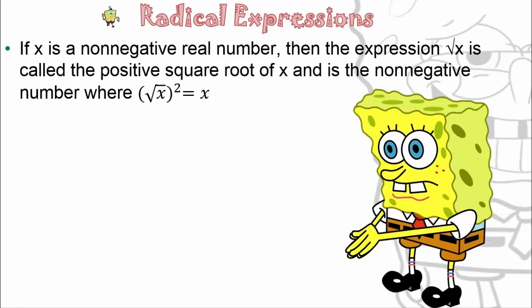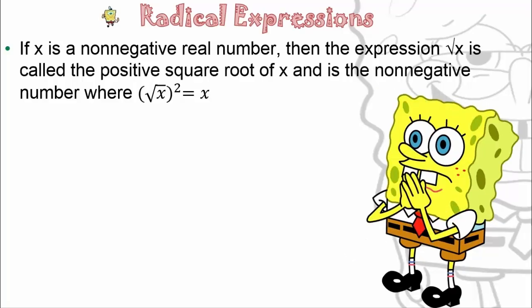If x is a non-negative real number, then the expression square root of x is called the positive square root of x and is the non-negative number where the square root of x, when it's squared, gives us back x.